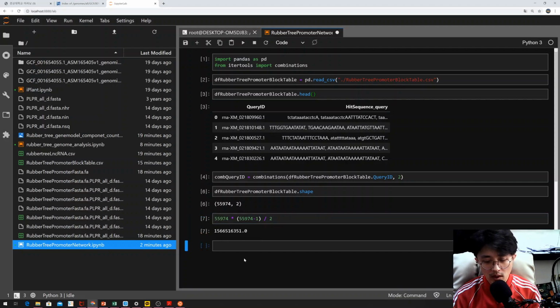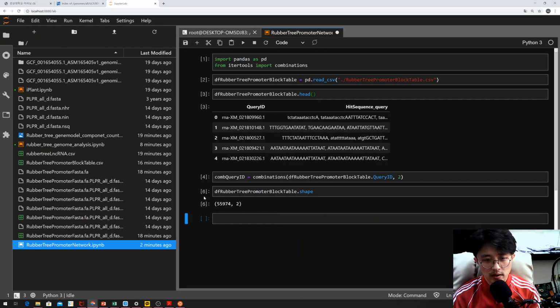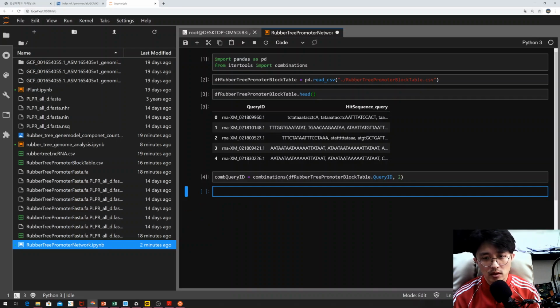This is the problem: this number is too much, and my computer memory is not sufficient to run this combination. So I need to think for a while. But I think I need to show you all the combinations first.